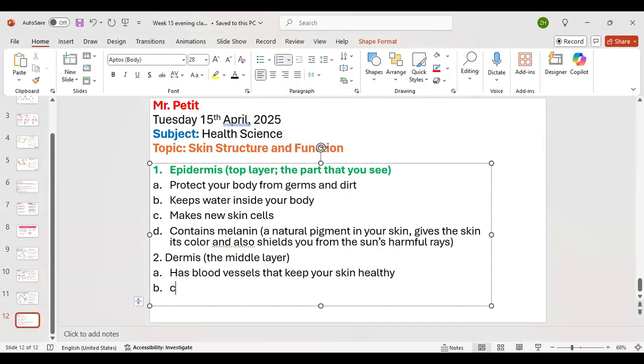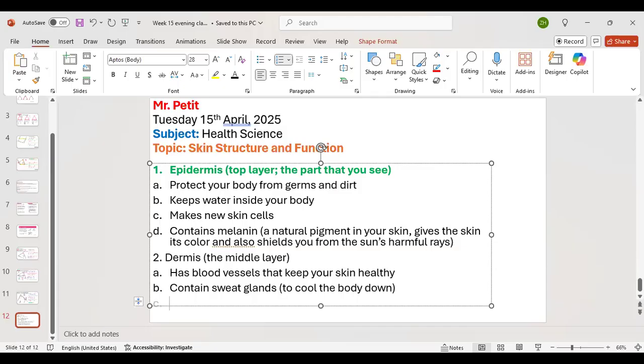It contains sweat glands. What's the purpose of sweat? To cool your body down, as it evaporates. So it contains sweat glands to cool the body down.